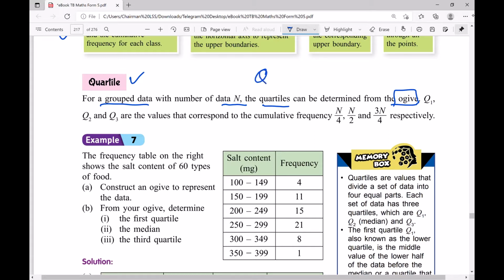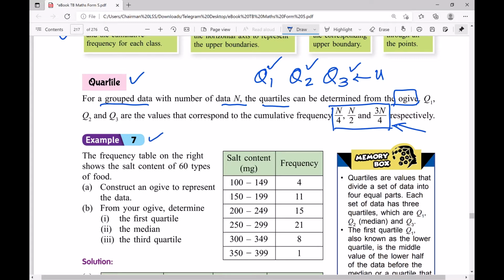Remember, we have quartile 1, the lower quartile, quartile 2, actually the median, and quartile 3, the third quartile, also called the upper quartile. There is a formula here that we will use. I hope you still remember.